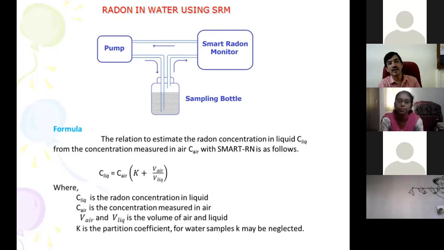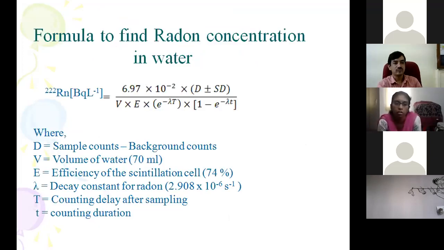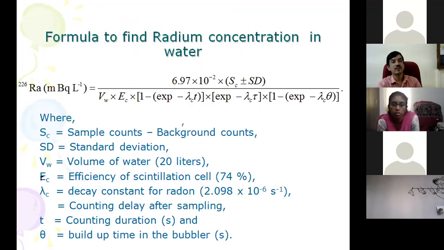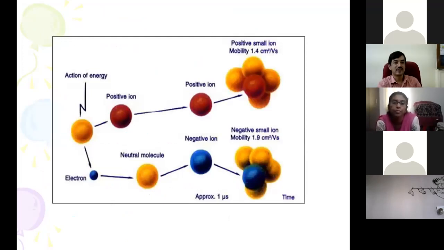Whereas AlphaGuard will cost about 30 to 40 lakh rupees, this will come below about 5 lakh rupees, along with all accessories to measure radon in air, water, and also exhalation rates. Using these formulas, we can measure the concentrations.